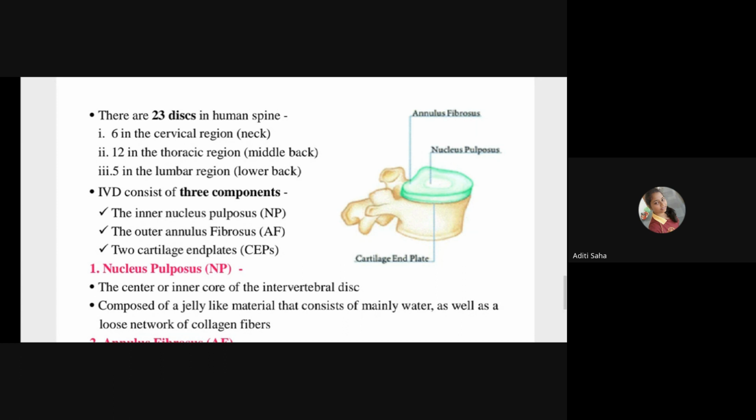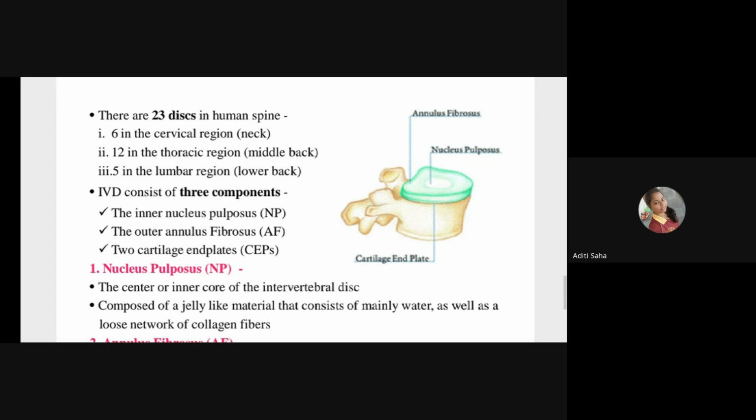Then 12 in the thoracic region, 5 in the lumbar region. After lumbar, the sacrum is present, and sacrum is a fused bone. Same in the case of coccyx too. That is why an intervertebral disc is not possible in between them.